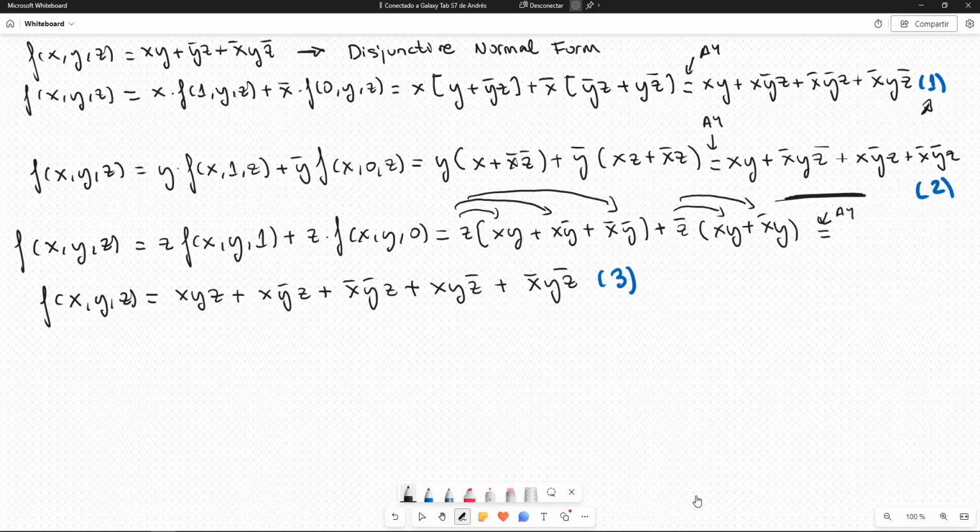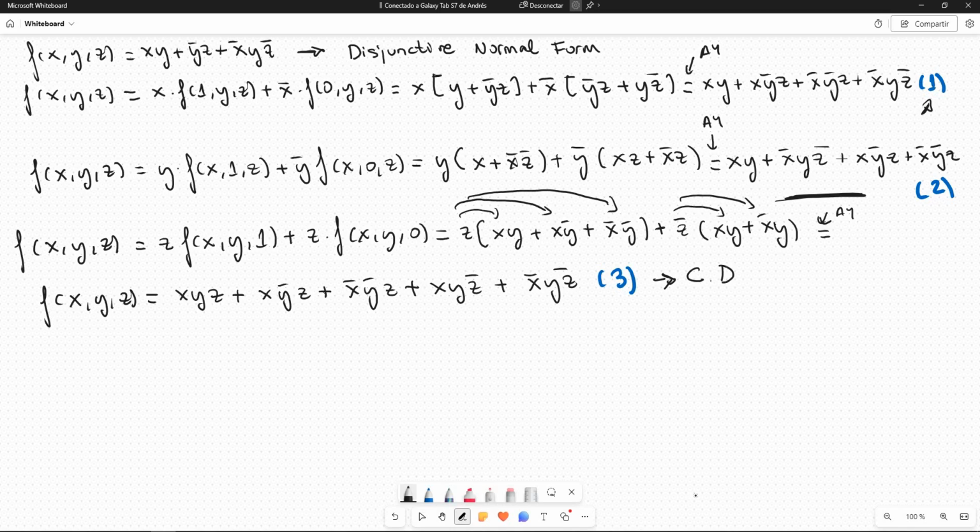If you look at this expression, can you identify this expression? We have a sum of product terms, but these product terms are indeed mean terms because all the variables of the function appear. So this is the canonical disjunctive form of the function.